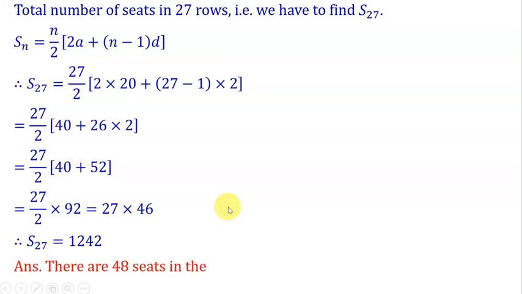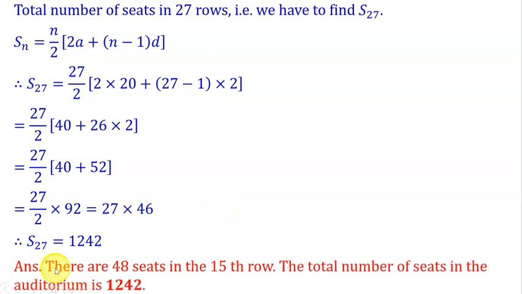Okay. Therefore, the answer is: there are 48 seats in the 15th row and the total number of seats in the auditorium is 1242.